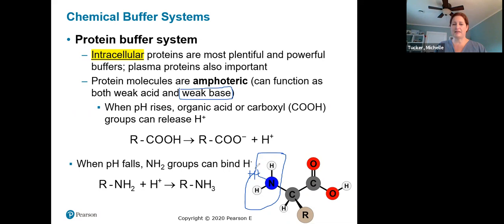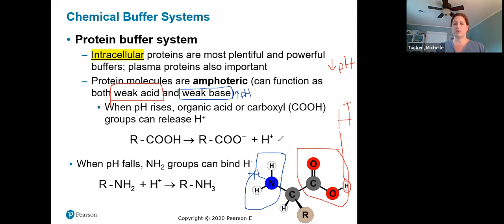It will take this free hydrogen out of solution and it will increase pH because it's working as a base. The carboxyl group can be a proton or hydrogen ion donor, and so it is working as a weak acid. When the carboxyl group donates the hydrogen ion, it will then cause a decrease in pH.